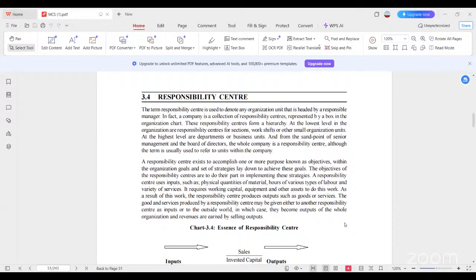Okay. So an organization is not a single unit. It is a collective of many responsibility centers. Each center is shown as a box in the organization chart. So all responsibility centers together form a hierarchy.